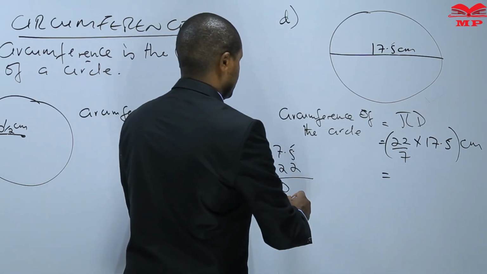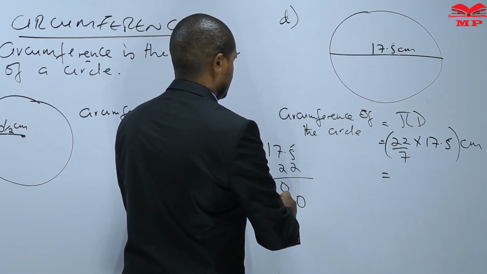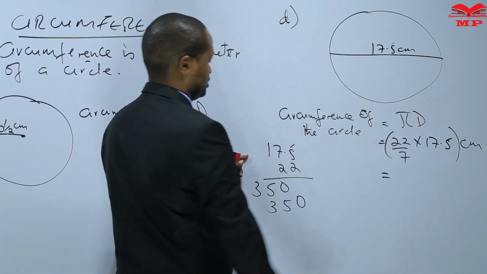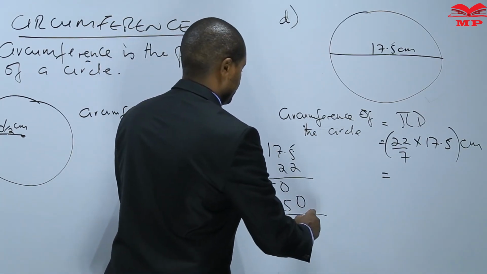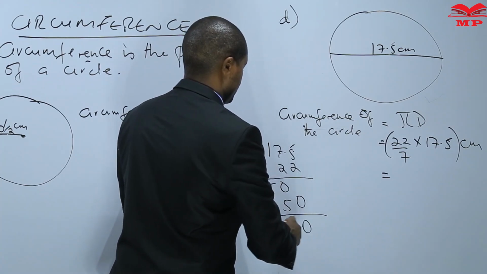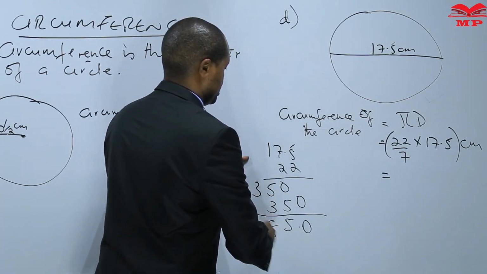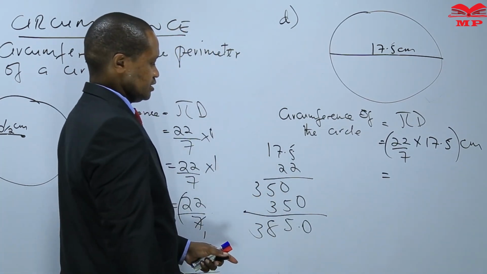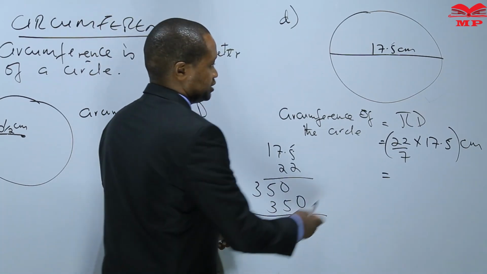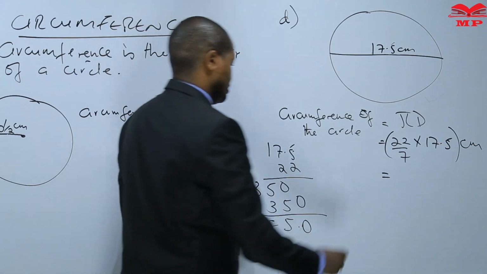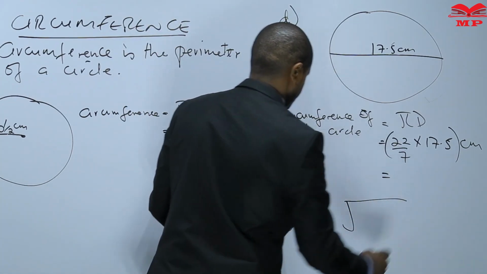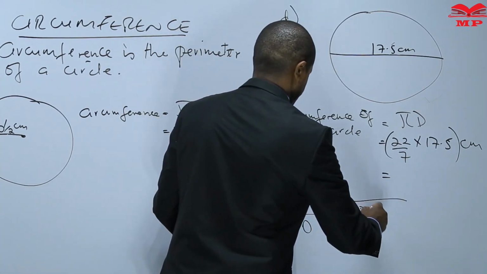Then we have 0, 5, 3, so that is 385. I've just multiplied the numerator, then we divide the numerator by 7.